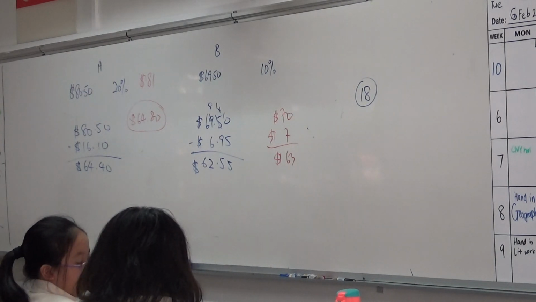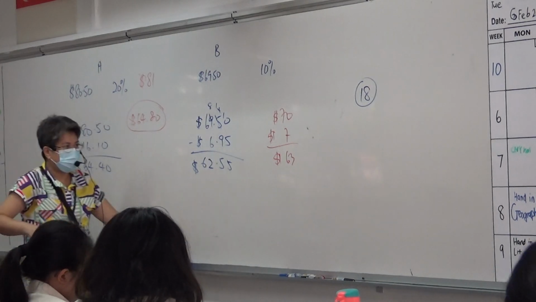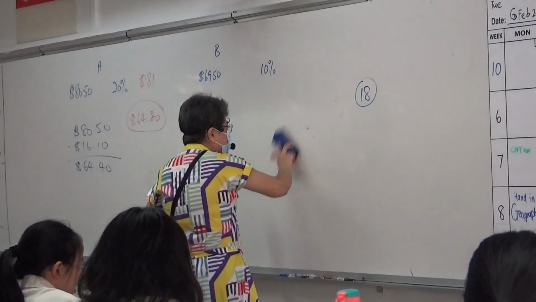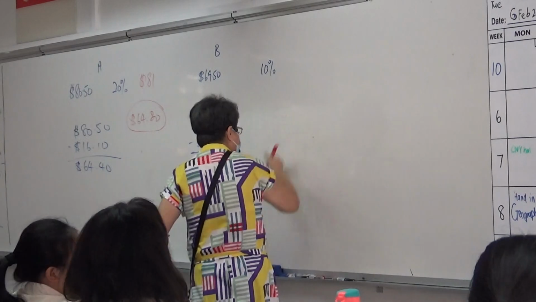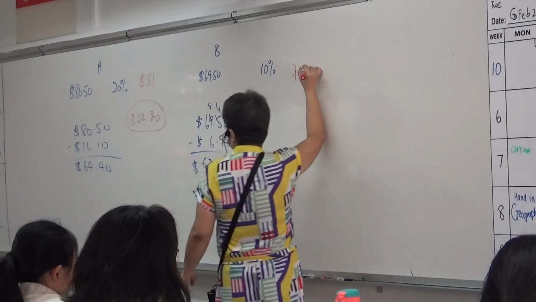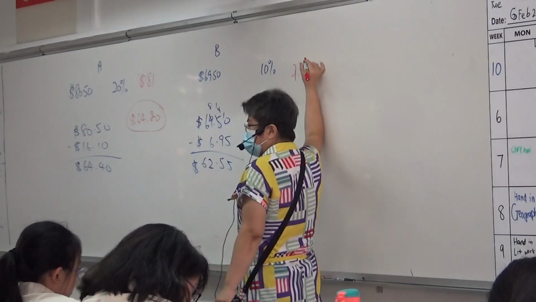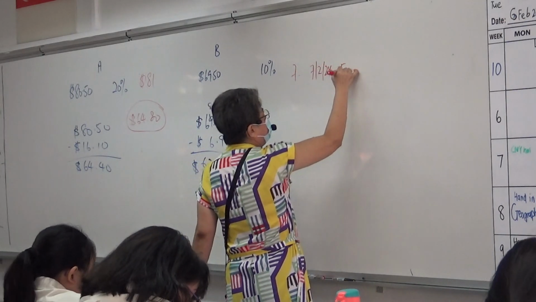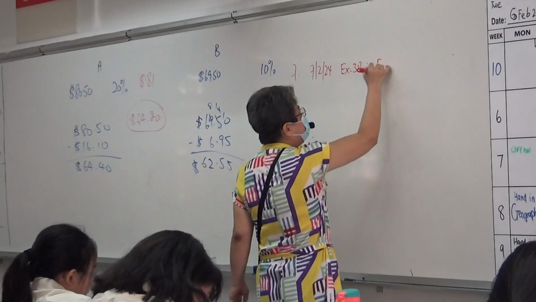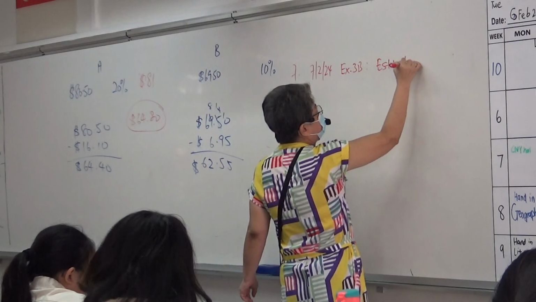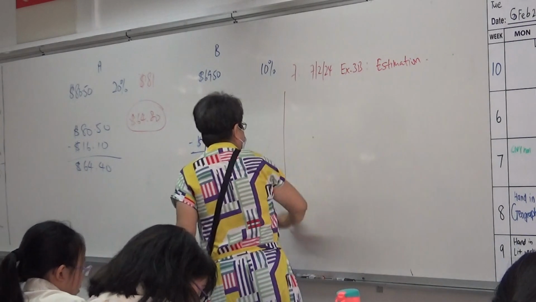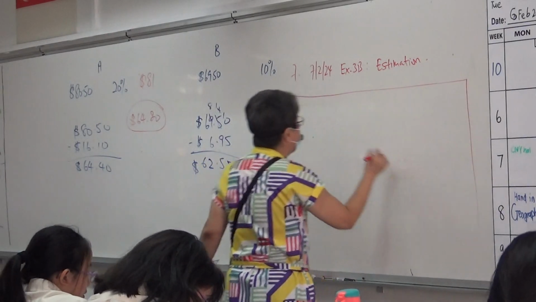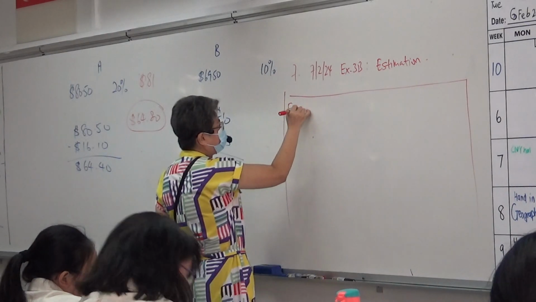Alright. What's the number now on your content page? Now write 7. Very good. All of you write 7. Today's date is also 7. This is correct. Oh, what a good number. Exercise 3B. Just write down estimation. Then take out your foolscap paper.